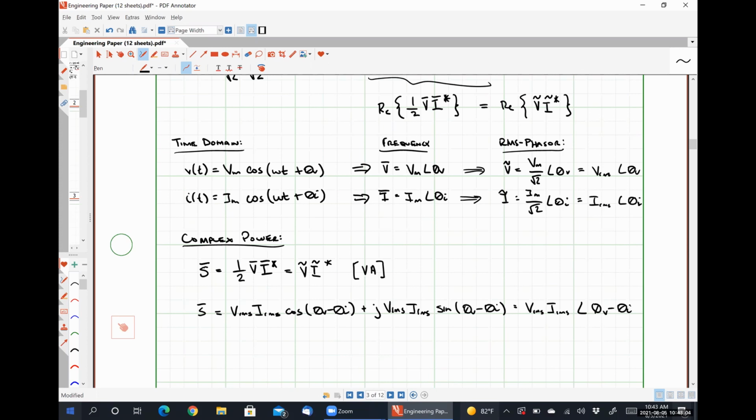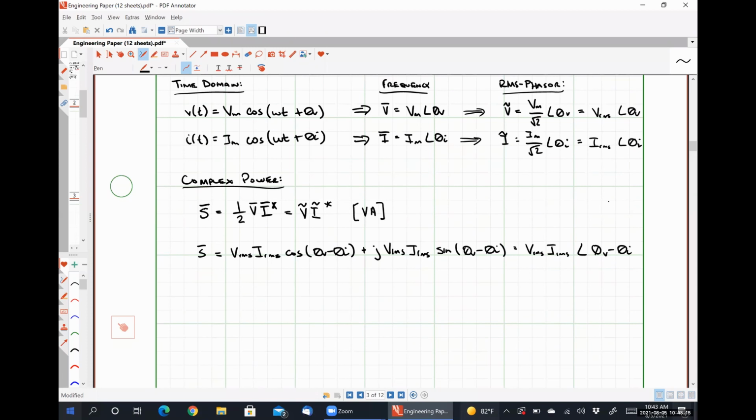All of these different representations, both the polar form and the rectangular form, have different names. We're going to start by revisiting average power.